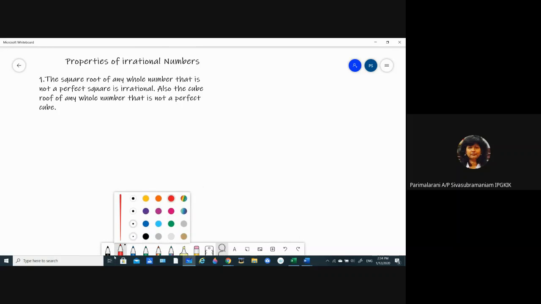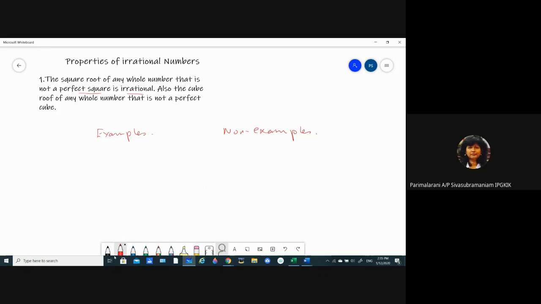The square root of any whole number that is not a perfect square is irrational. That means we have examples here and non-examples. Square root 5 is irrational.